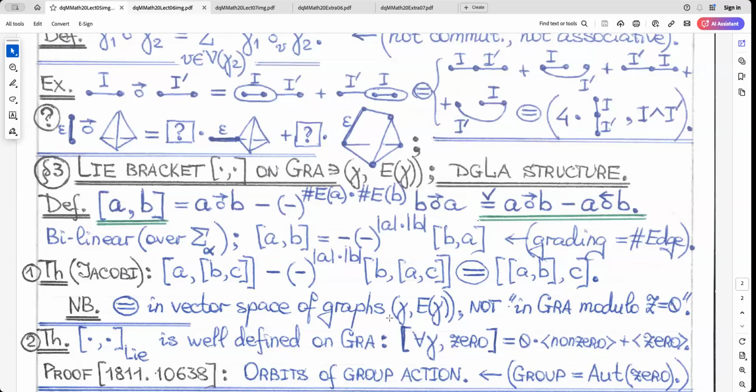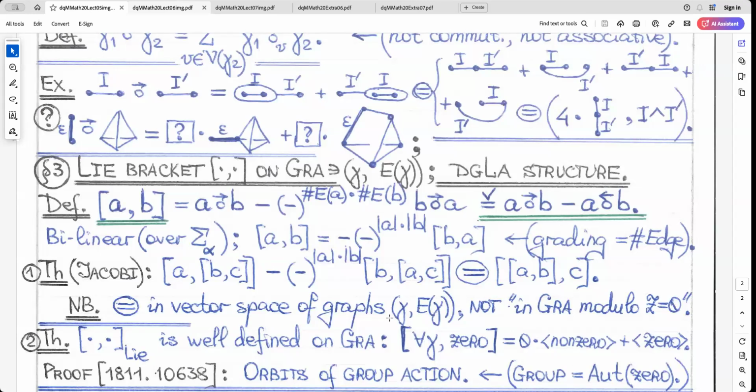The postulate: the bracket of two graphs, A and B, is the insertion of A into vertices of B minus the insertion of B into vertices of A, with an extra sign, so that we, formally speaking, obtain not a bracket, but a super bracket.